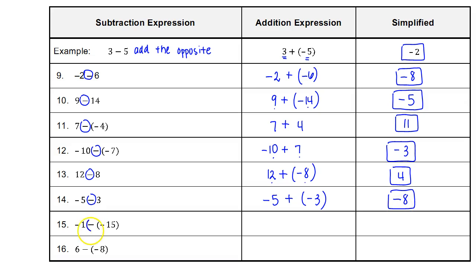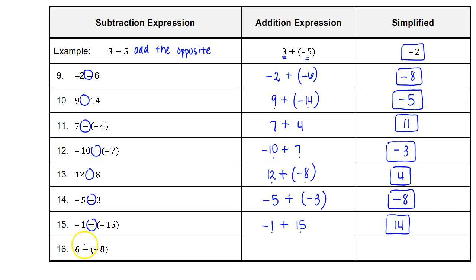For number 15, -1 minus -15 will be rewritten as -1 plus +15. I've got one negative, which will steal away one positive to form a 0 pair, and that will leave us with 14 positives. So the answer to both the subtraction expression that we started with and the addition expression that we rewrote, both of them have an answer of 14.